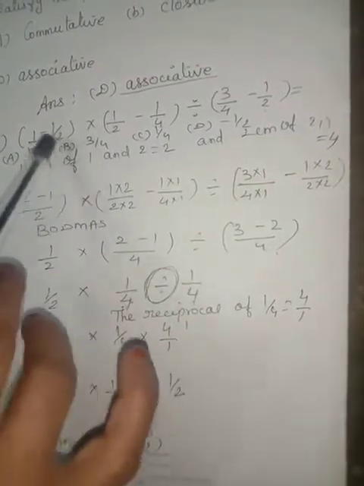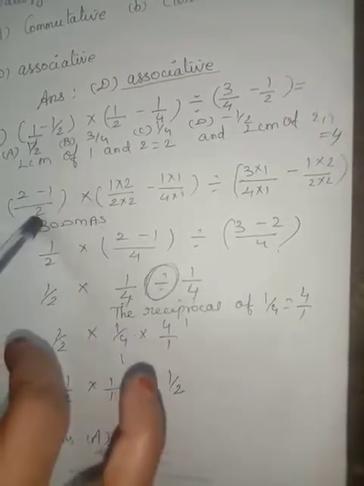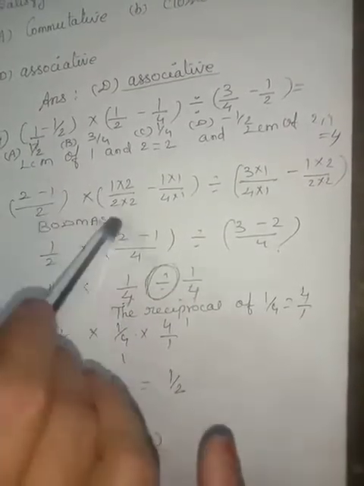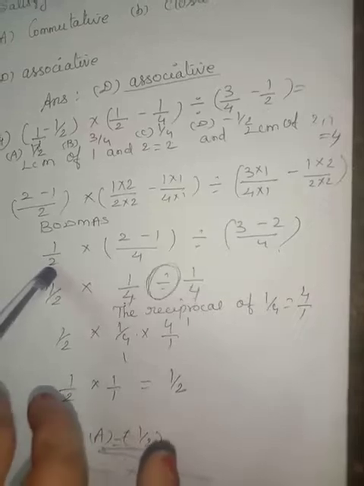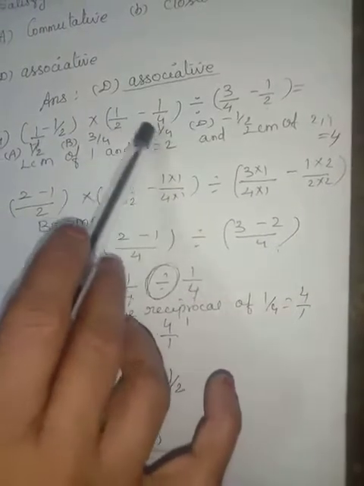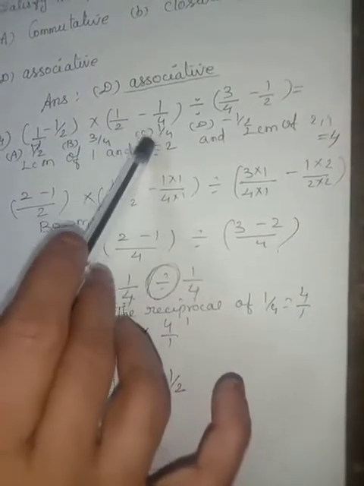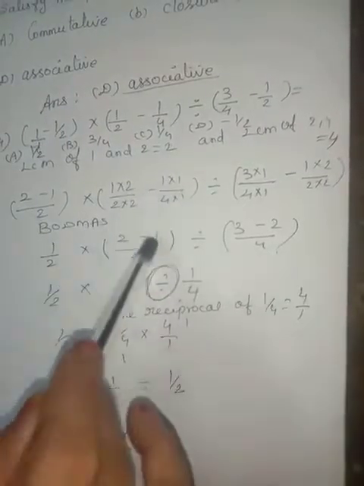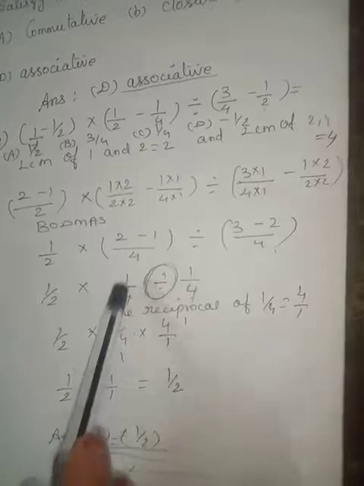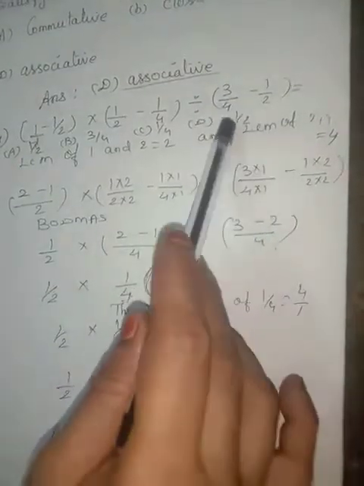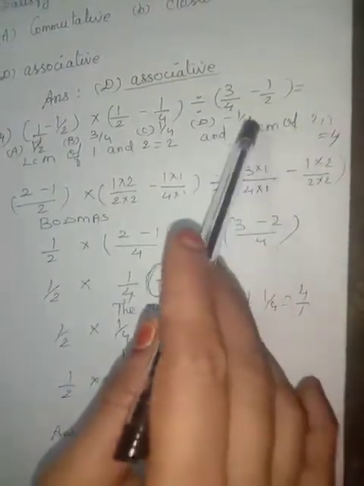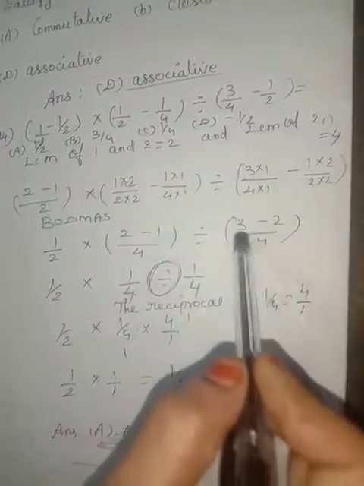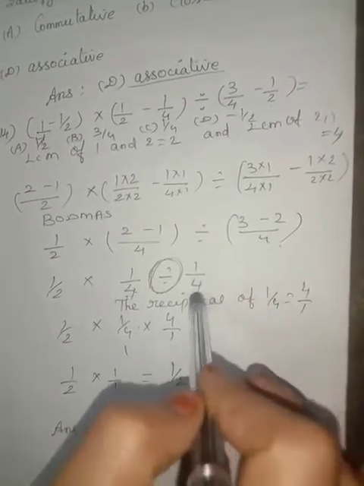So take the LCM of 1 and 2, we get 2. Simplifying the numerator and denominator, we get 1 by 2. Similarly, we take the LCM of 2 and 4, the LCM is 4, and simplifying the numerator and denominator, we get 1 by 4. The third term also we simplify using the LCM of 4, we get 3 minus 2 by 4, 1 by 4.